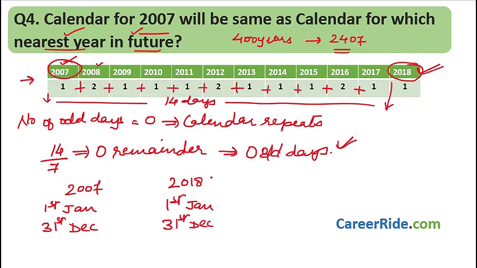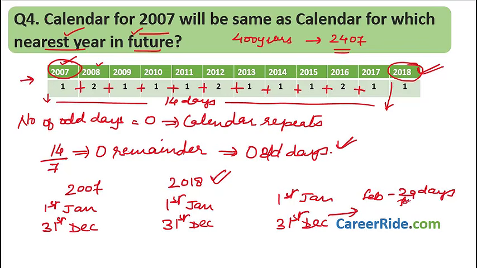But had this 2018 been a leap year, in that case its 1st January would fall on the same day as 2007, but 31st December would get extended, right, by 1 day. In that case the calendars would not look the same from February onwards, because February would be 29 days, right, for a leap year, right?